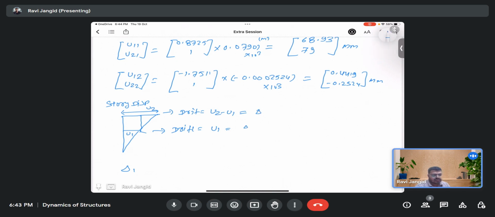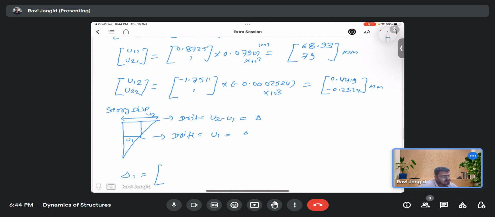So delta 1 is the drift in the first story, first mode. So if you find the drift for the first story in the first mode, what would be the drift? Can you give me the drift value?